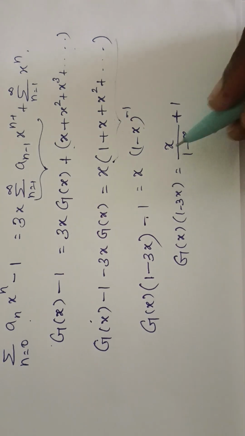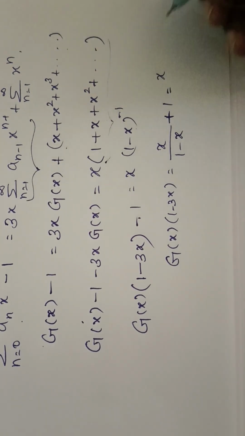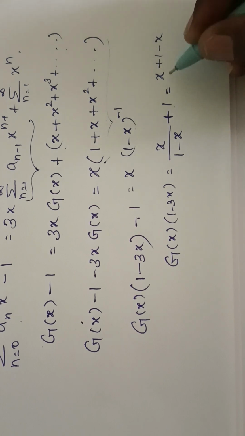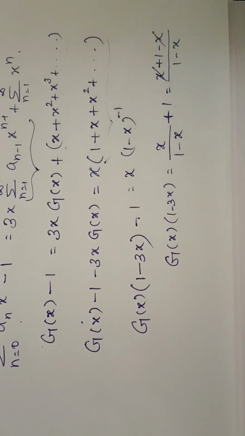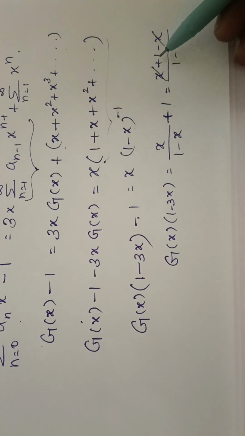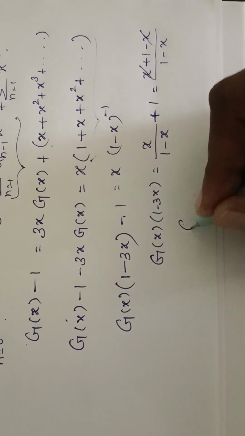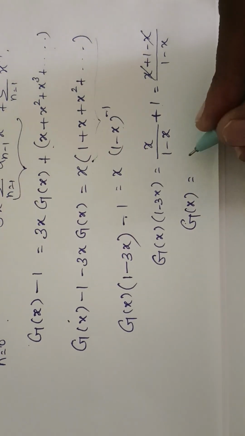Here we take LCM. So x, then multiply this one: 1 into 1 minus x means 1 minus x divided by 1 minus x. Here the positive and negative terms cancel. Balance 1 by 1 minus x is the final answer. So finally, g of x is equal to that final term.